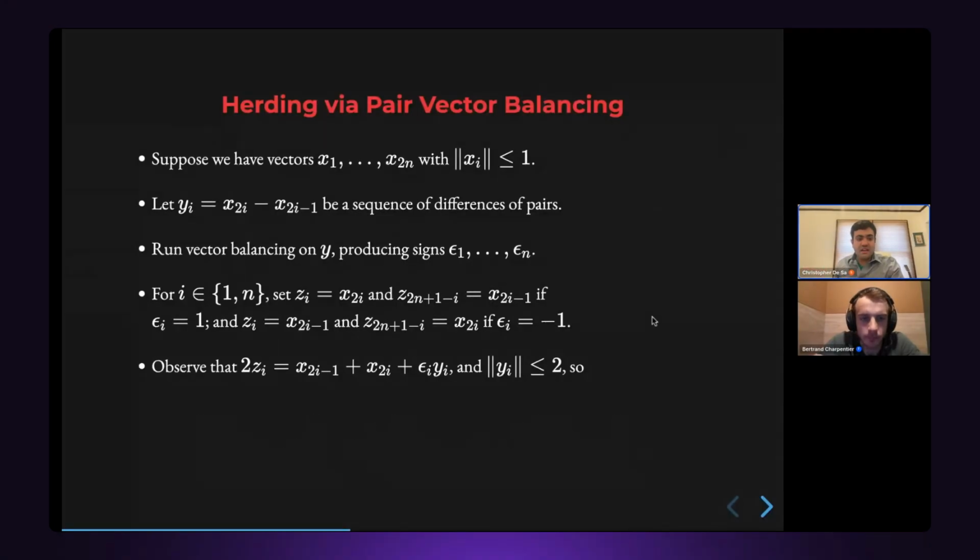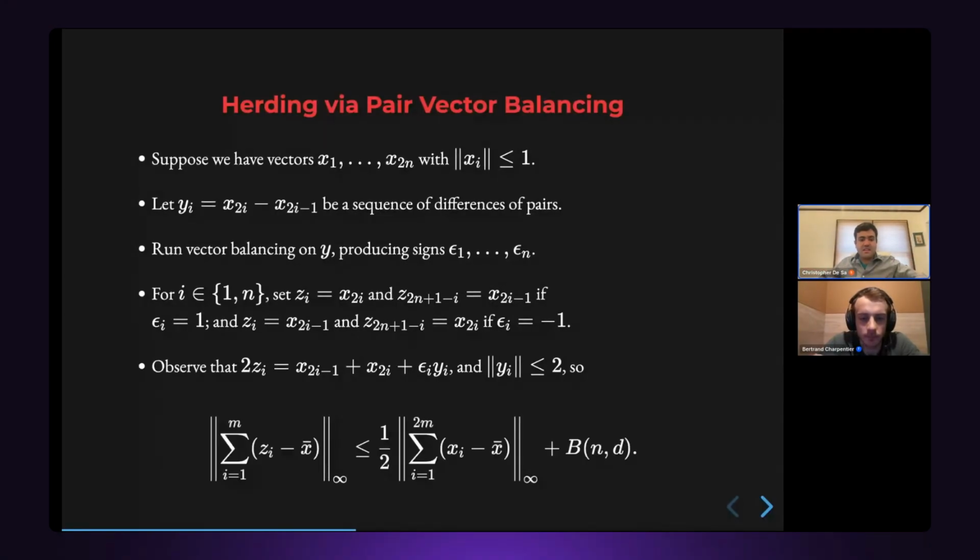And so what you get at the end of this is your herding metric, the worst case L infinity running error of the permutation, is less than or equal to 1/2 times the worst case running error of the permutation that you started with, plus this vector balancing bound, which recall is O of log of ND.